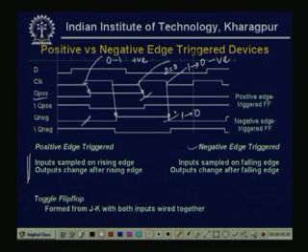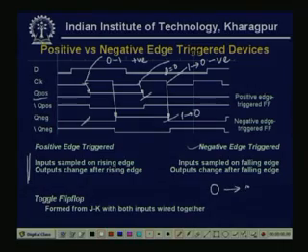So, for the positive edge triggered flip flop, only when the clock goes from 0 to 1 will the output change. For the negative edge triggered one, when it is 1 to 0, the output will change.